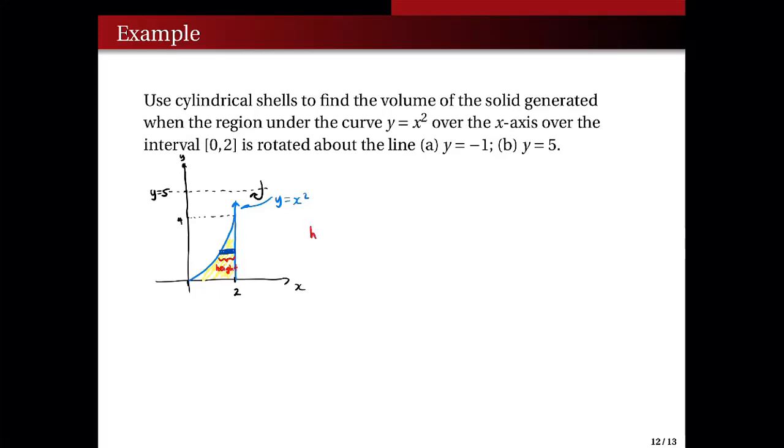The height is still 2 minus, going back to the previous computation, x equals plus or minus square root of y, and then we take the plus part. So the height is 2 minus square root of y.